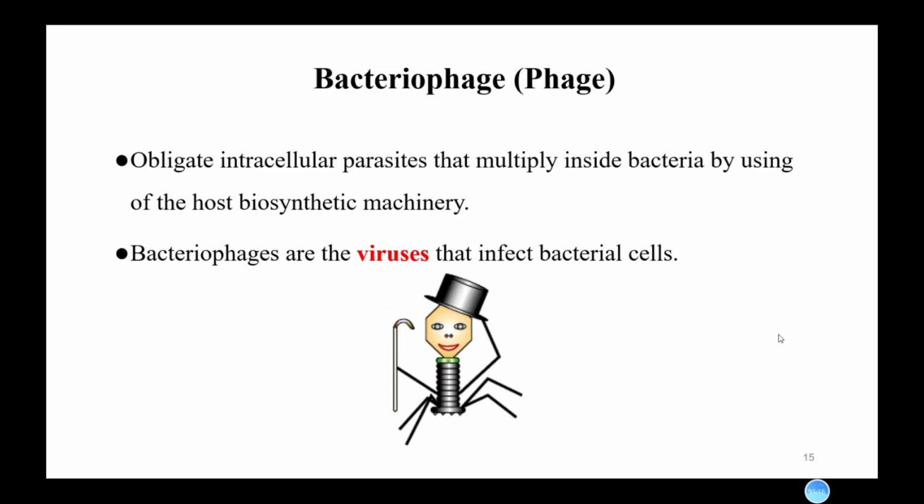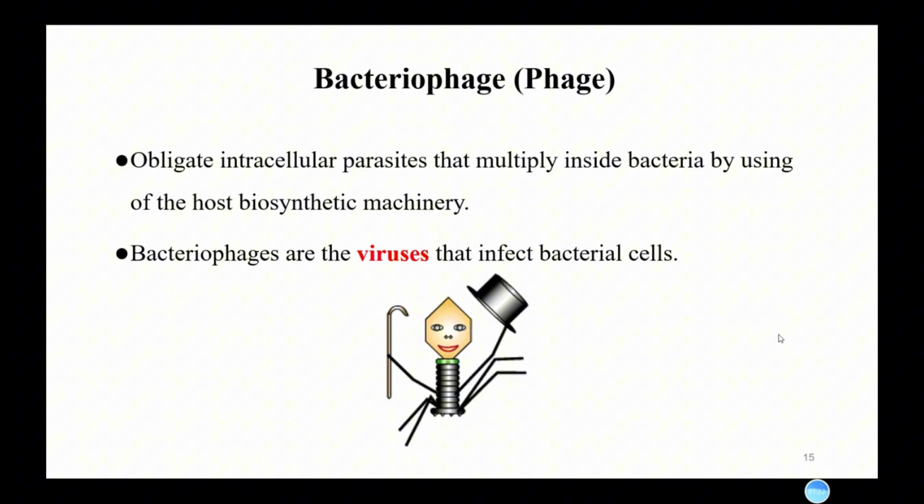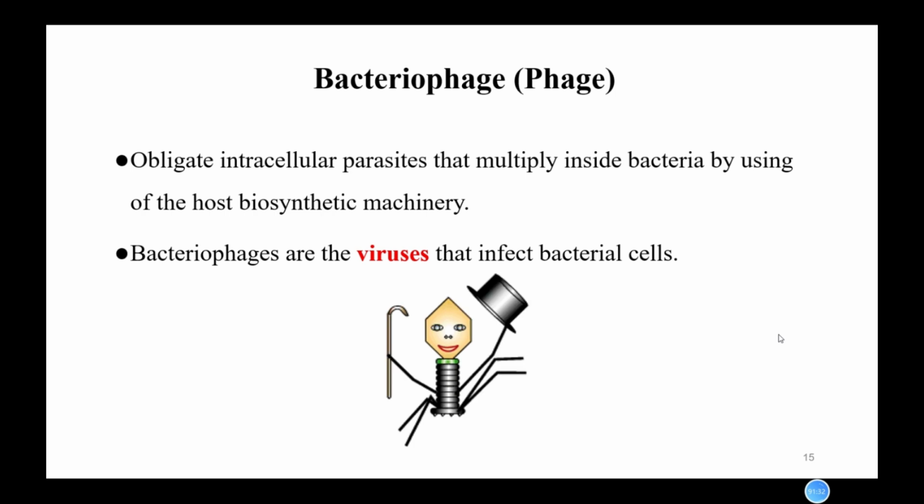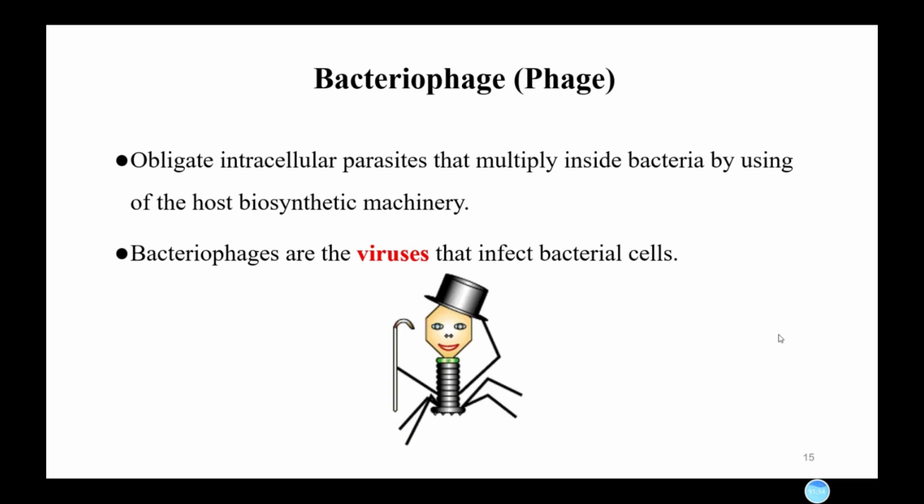So bacteriophage is the virus which can specifically infect bacterial cells as their host. They are obligate intracellular parasites that multiply inside bacterial cells by using the host machinery. So that's the virus which can only infect some bacteria.